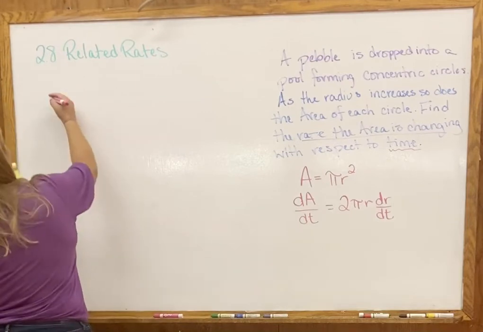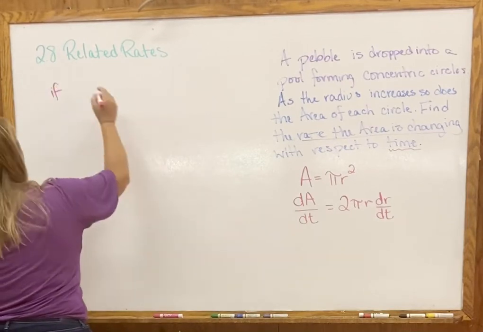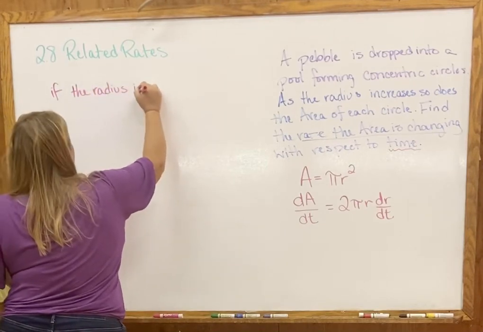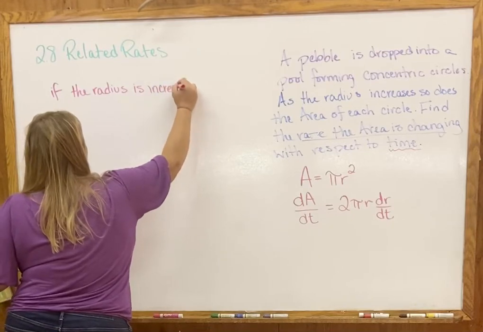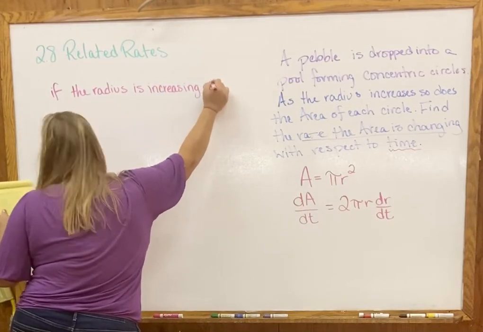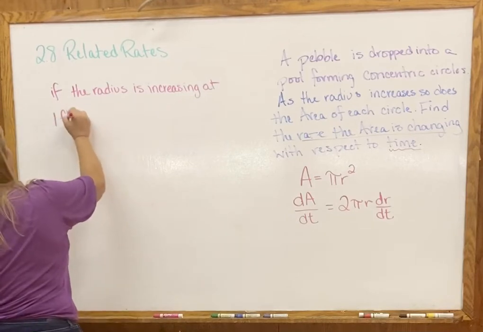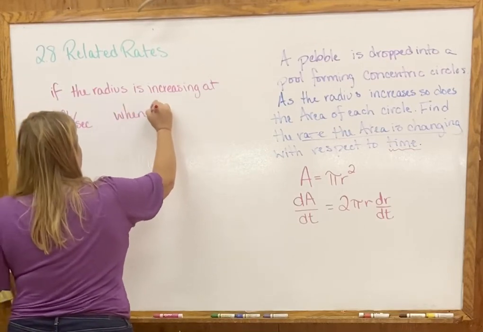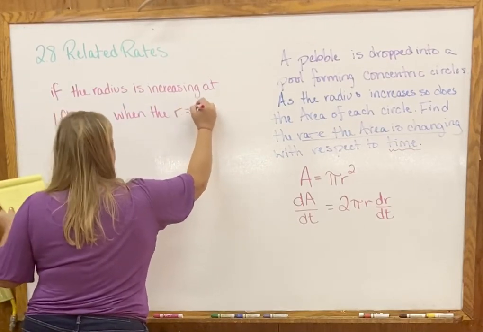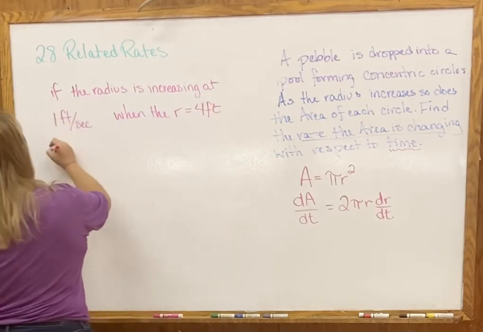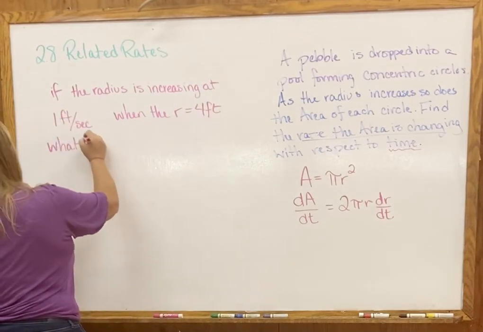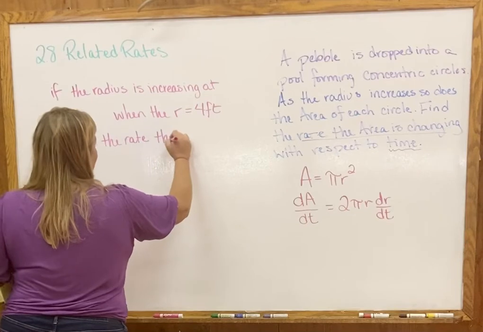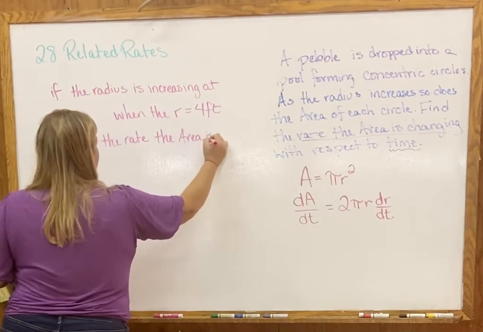If the radius is increasing at 1 foot per second, when the radius equals 4 feet, what is the rate the area is changing?